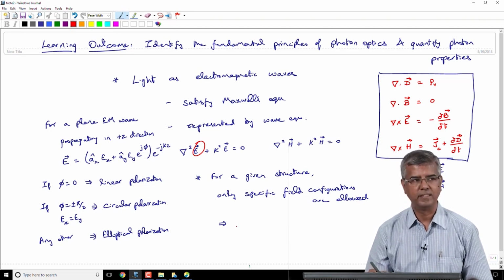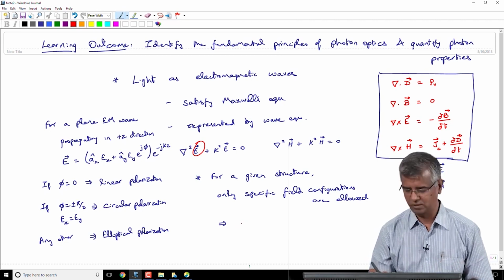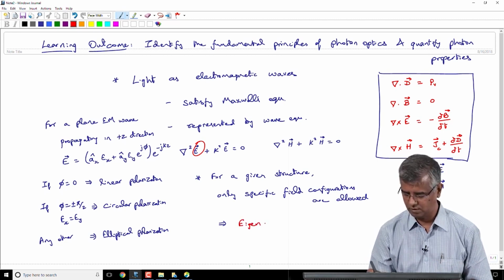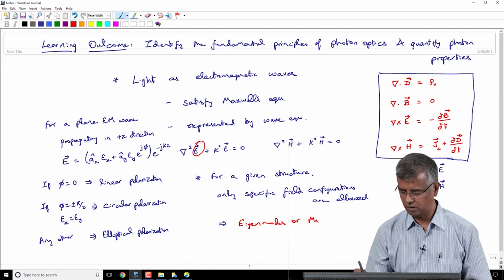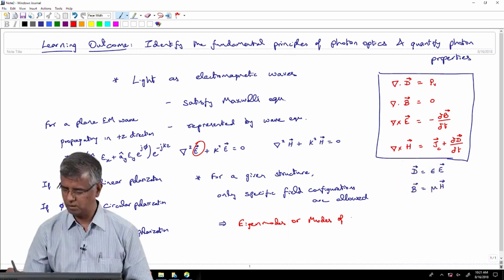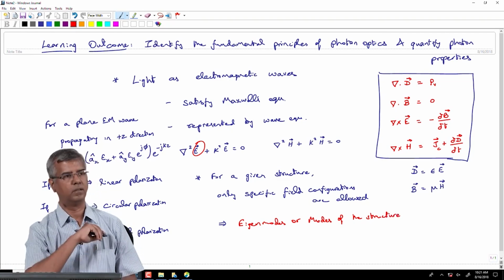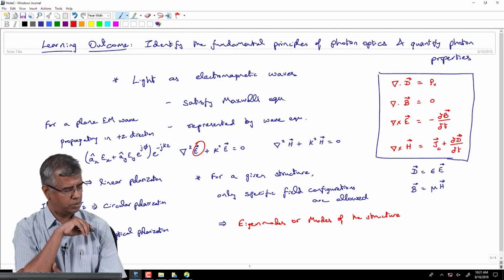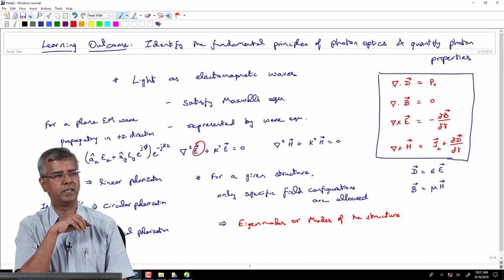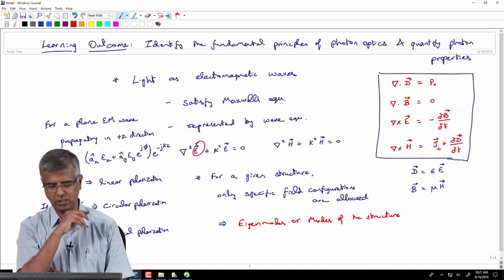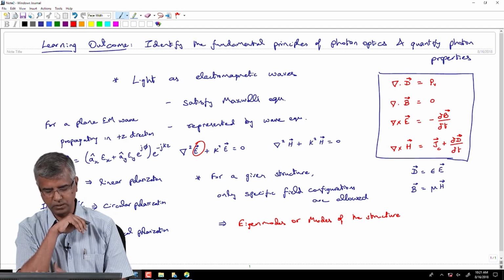These are called the eigenmodes, okay, or simply modes of the structure, okay. So, you have this concept of eigenmodes or modes of a structure that come into the picture, because these electromagnetic fields will have to satisfy Maxwell's equations within that structure, okay.